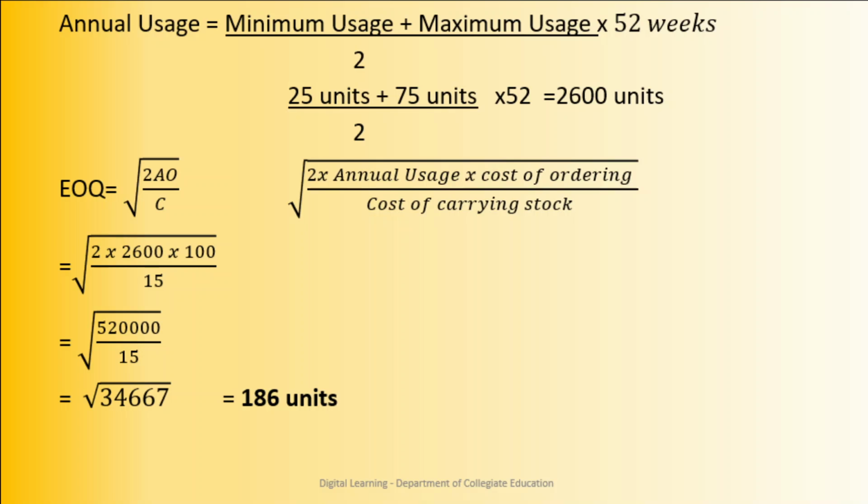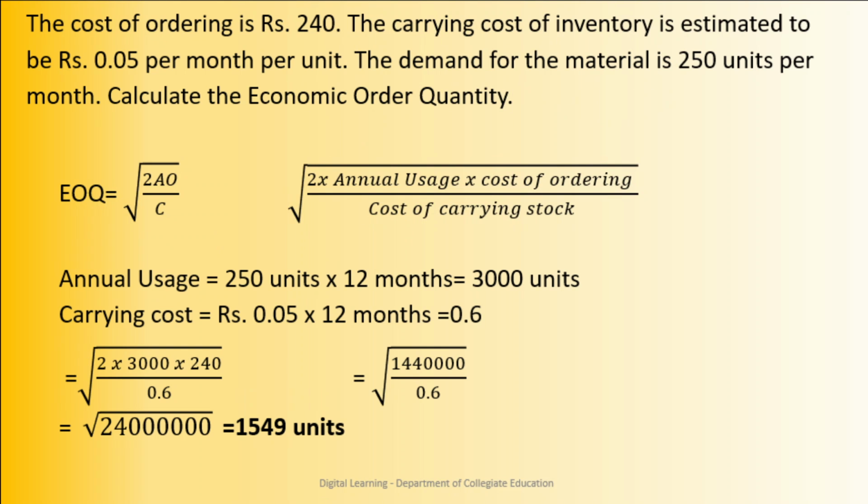So when you simplify, you get square root of 5,20,000 divided by 15. When you simplify further, we get root of 34,667. EOQ is 186 units.